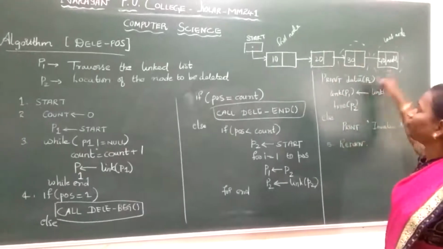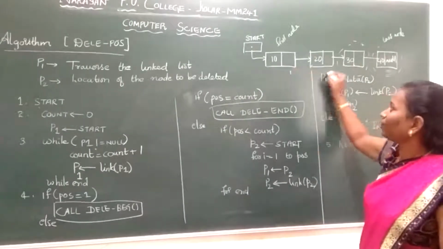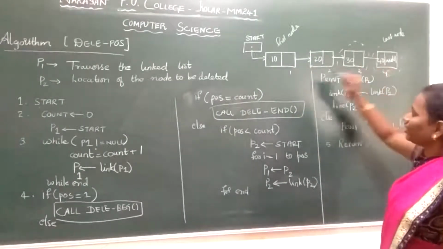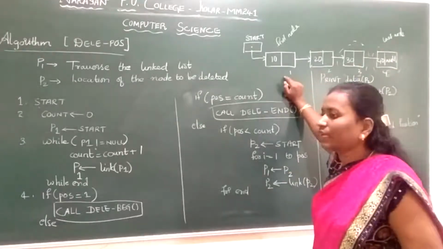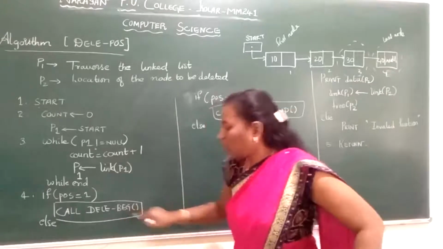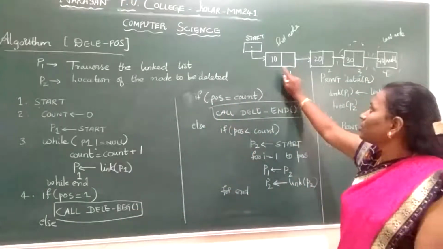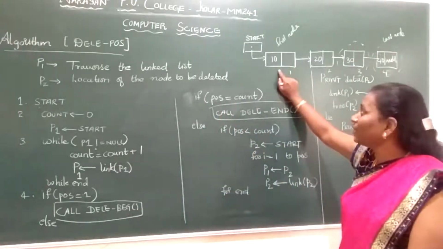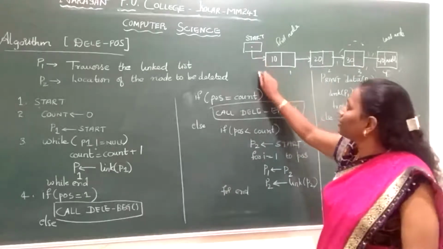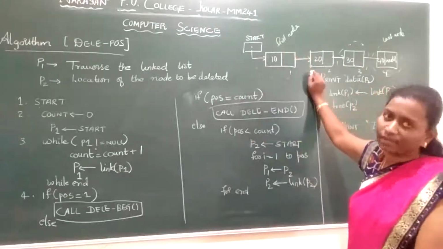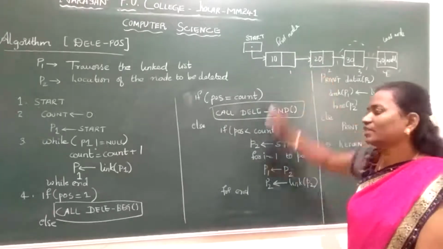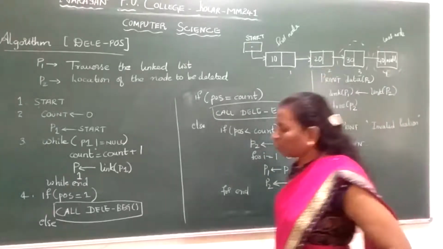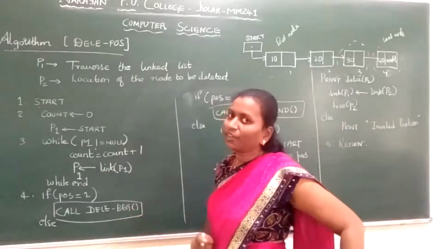If I start counting from position 1, 2, 3, 4, then for position 1 I should call the beginning function. Why? Because if I give the start link to the second node instead of the first node, the first element will be deleted. That is the code present in the beginning routine.